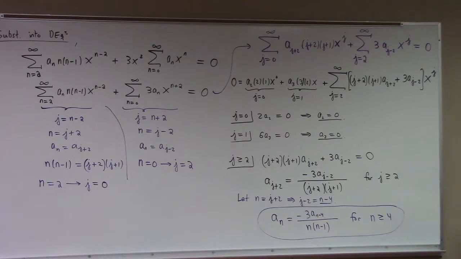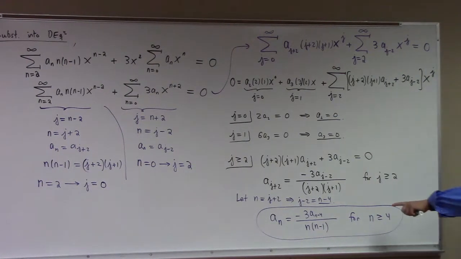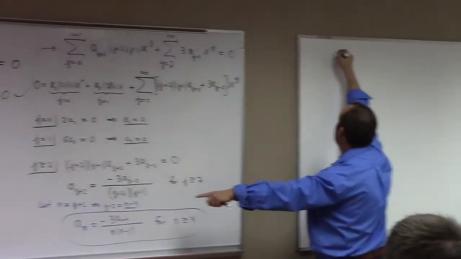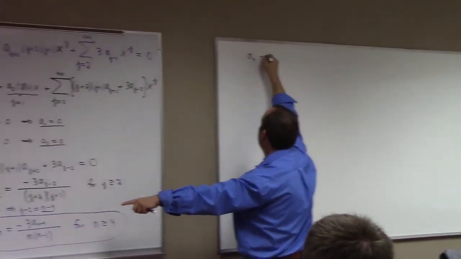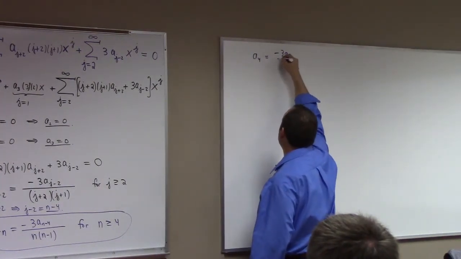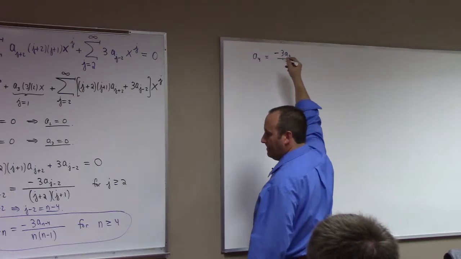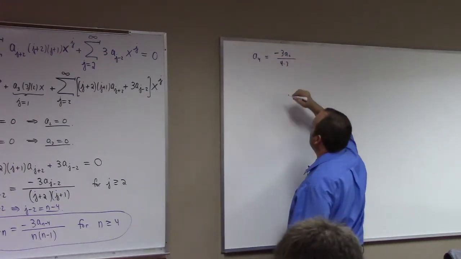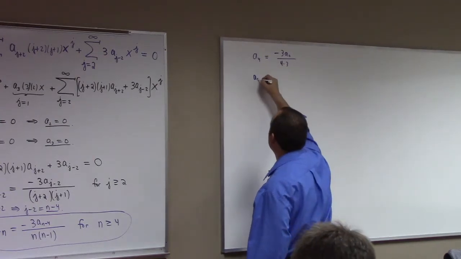Oh, yes. Okay, so let's go on. What does this circled equation say? There's this fourplicity to the answer, right? To understand this, I usually start writing some things down. Like, what's a sub 4? It's minus 3 a sub 0 divided by 4 times 3, right? And what's a sub 8?